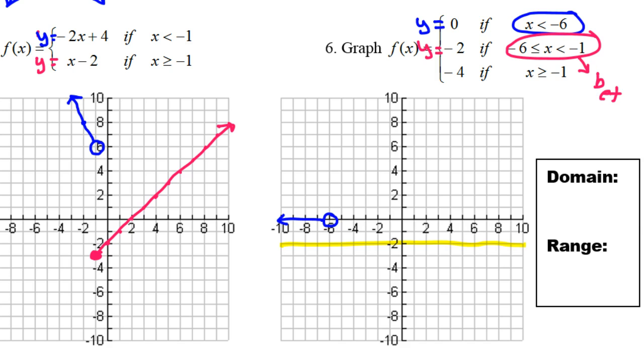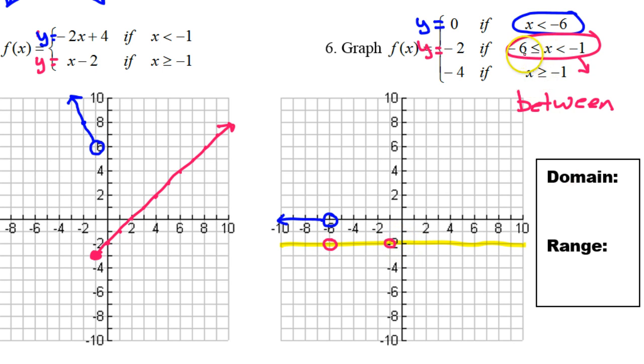I didn't leave myself space for that. I said you should think between. All right, we want the values between negative 6 and negative 1. So along this line, here's negative 6, and here is negative 1.